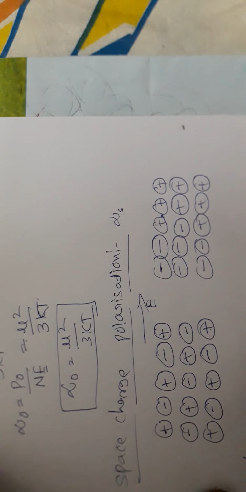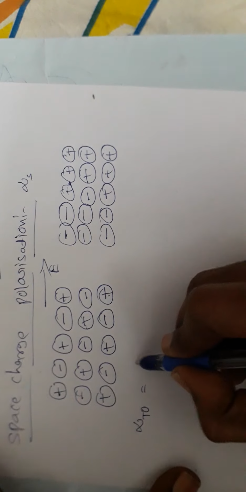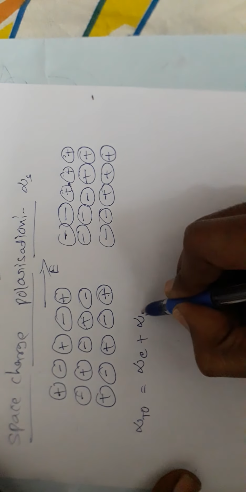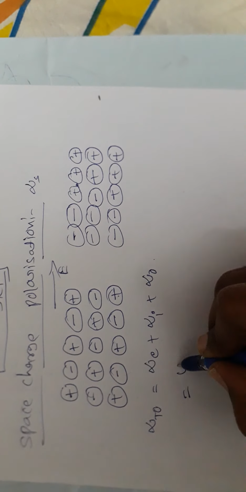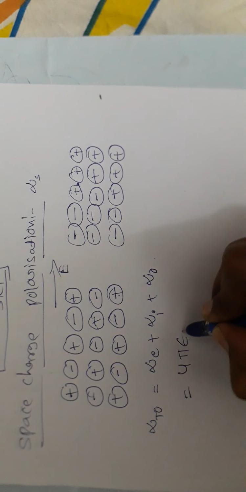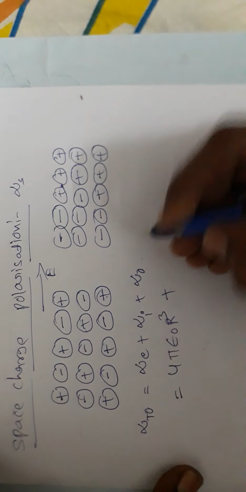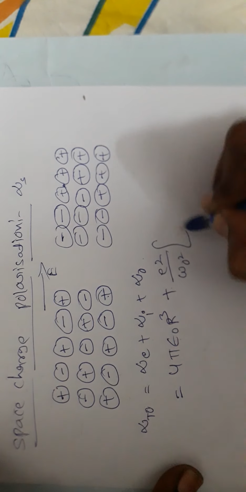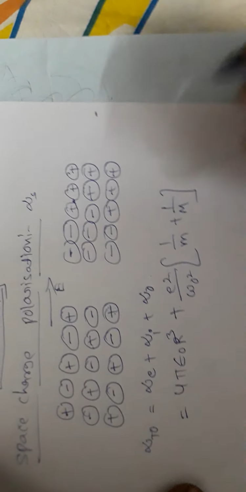So alpha total equals alpha E plus alpha I plus alpha O. Alpha E is 4 pi epsilon naught into r cube. Next, alpha I equals E square by omega naught square into (1 by m plus 1 by capital M).